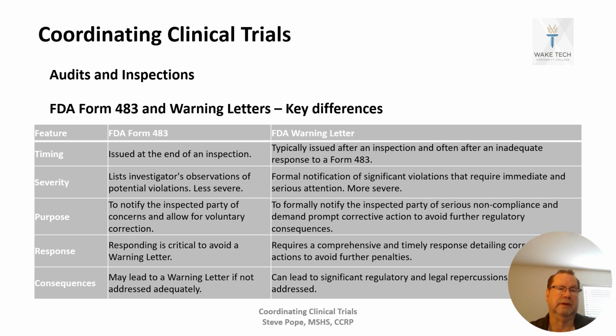As far as the response goes, for a 43, responding is critical to avoid the warning letter, so you want to respond to it and respond adequately. The warning letter requires a comprehensive response to avoid further penalties. Finally, the consequences for the 43 could lead to a warning letter, but the warning letter itself could lead to other regulatory penalties.